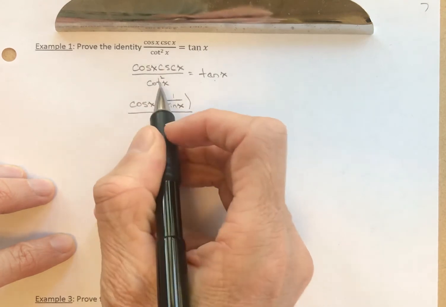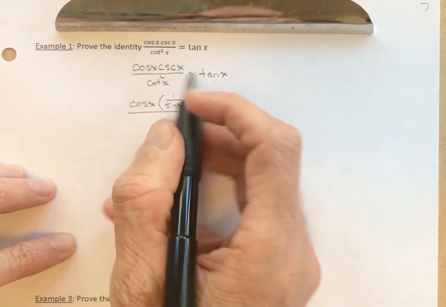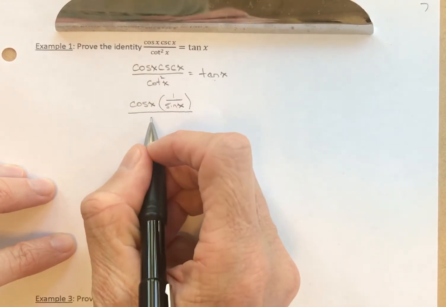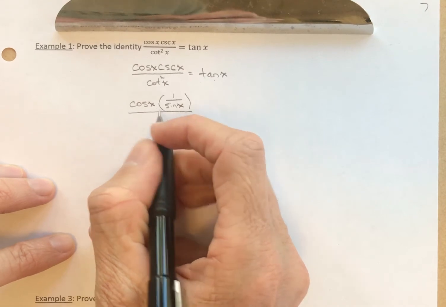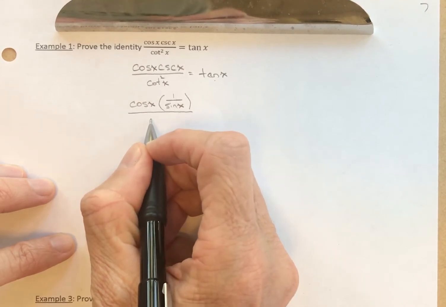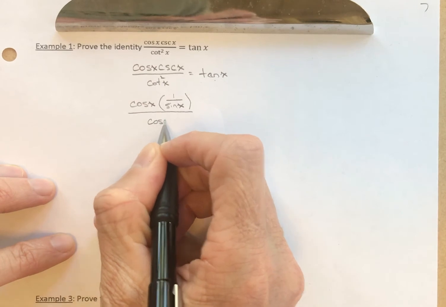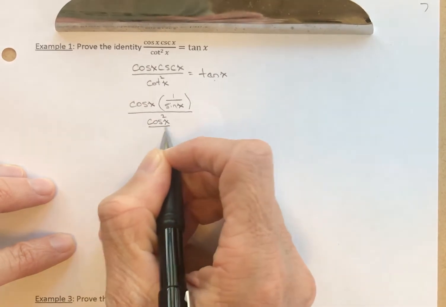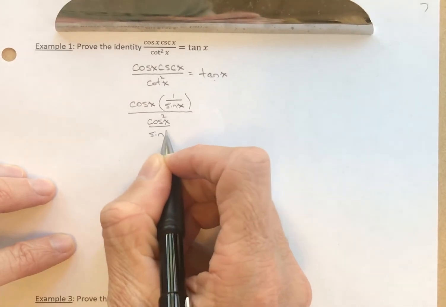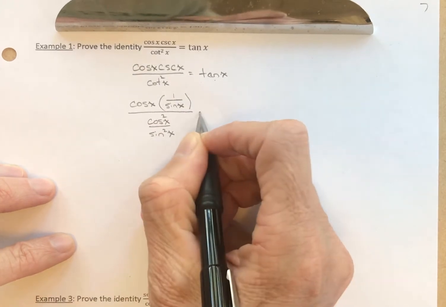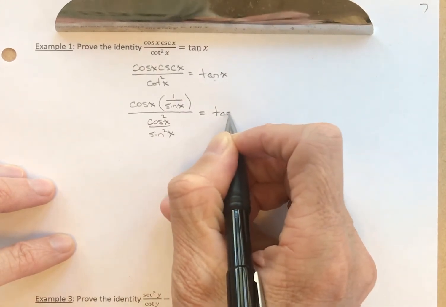And then I'm going to rewrite the cotangent of x squared. The cotangent is cosine over sine, so the cotangent squared is the cosine of x squared divided by the sine of x squared. Again, I'm trying to get that to be tangent.